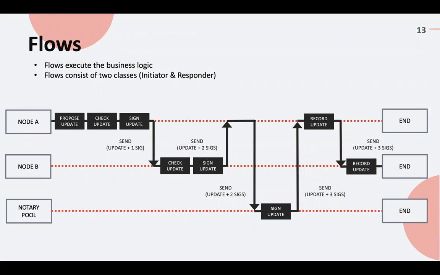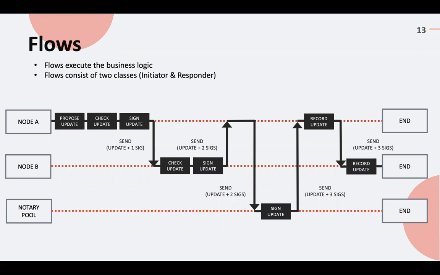B gets this proposed update. B runs the smart contract verification as well. B then checks the update, right? Runs all the same checks, 6-character license plates, qualified VIN number, non-negative mileage, etc. If it's valid, B signs it. B gives this information back to A.